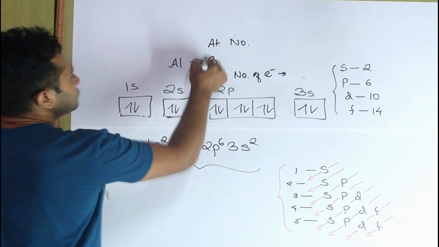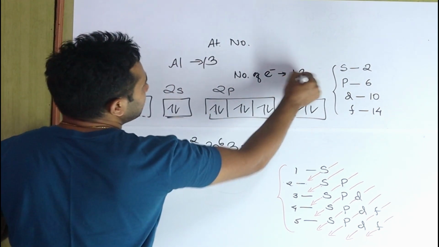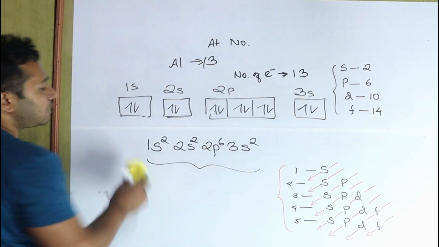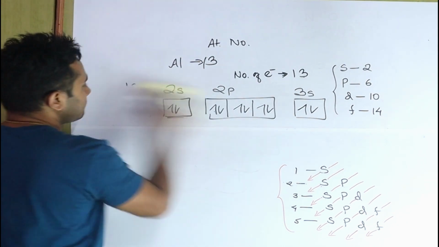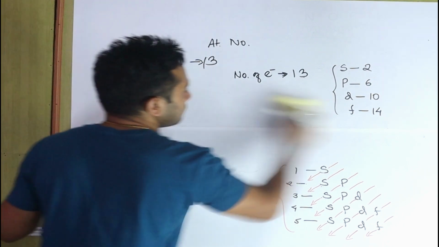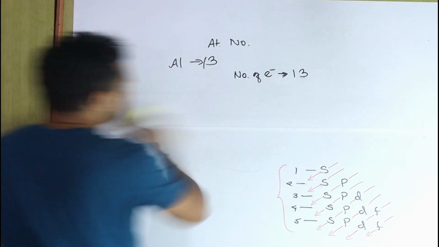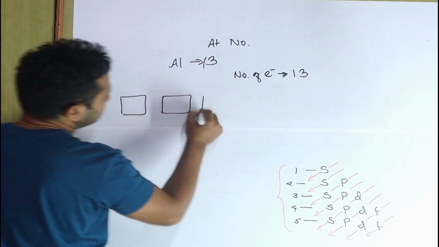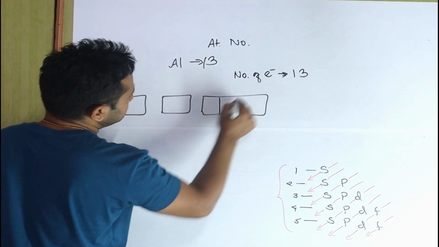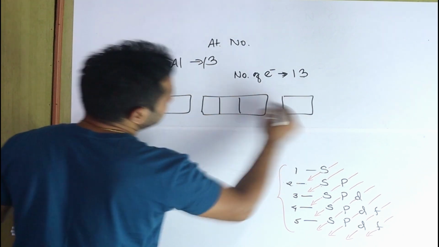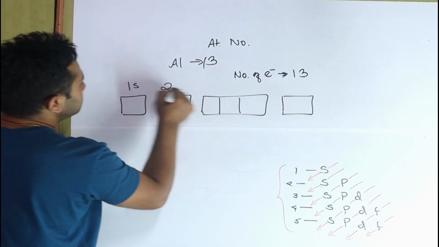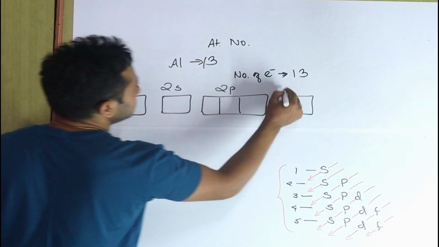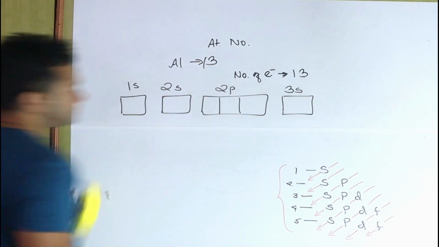Aluminium. So atomic number 13. In atomic number 13, we have aluminium. 1s, 2s, 2p, 3s.